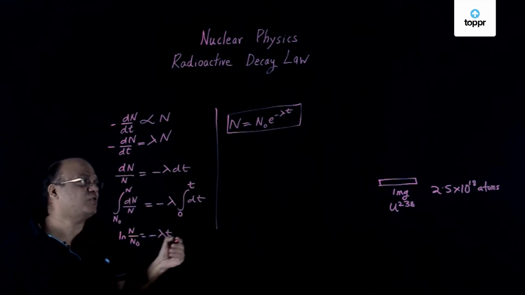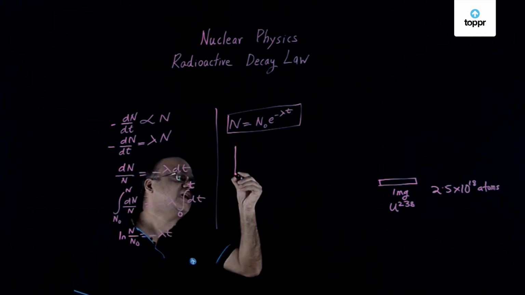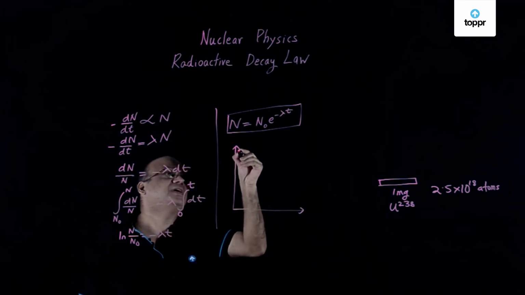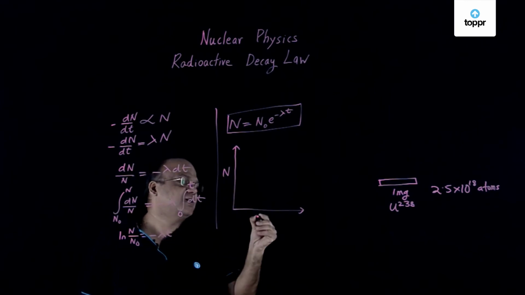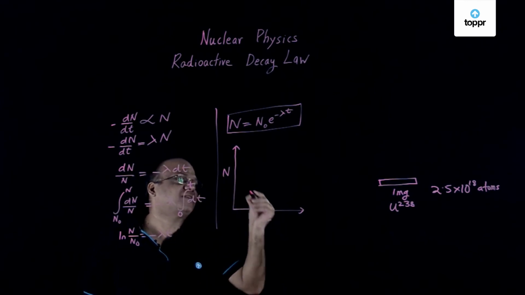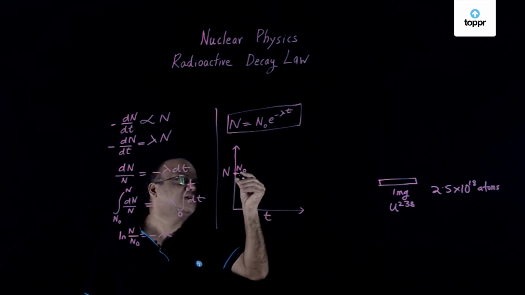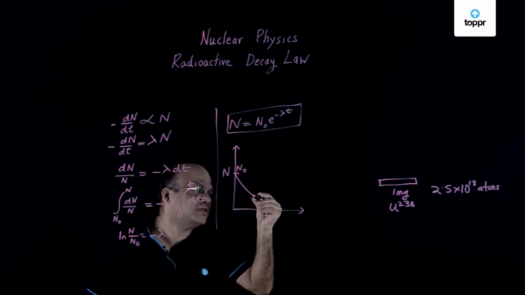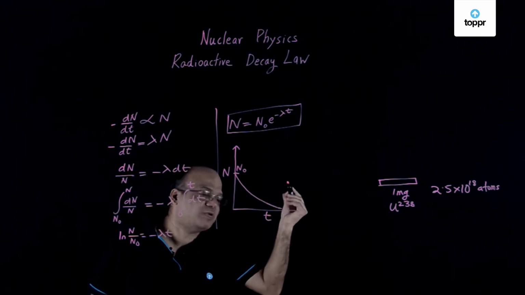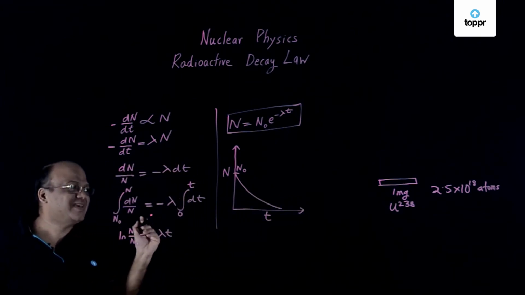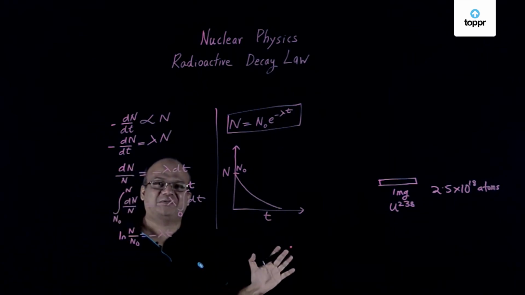The number of nuclei will decay exponentially. If you make a graph, N on the y-axis, time on the x-axis, at the initial time the number is N naught, then it falls off exponentially. At infinite time it will become 0. This is radioactive decay law.